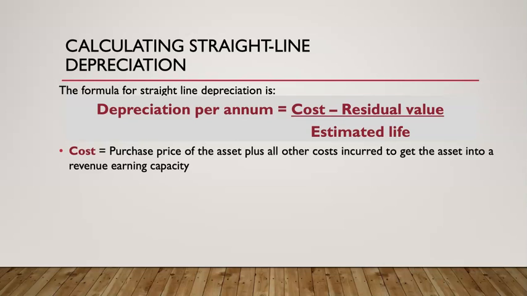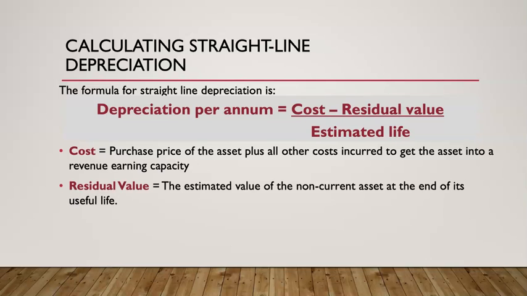Cost is what we went into in the first video. Purchase price, but importantly, all the other costs incurred to get the asset into a revenue earning capacity. So all the other costs that might get it into the condition or location ready for sale, freight in, modification, all those sorts of things, but we don't include recurring costs.